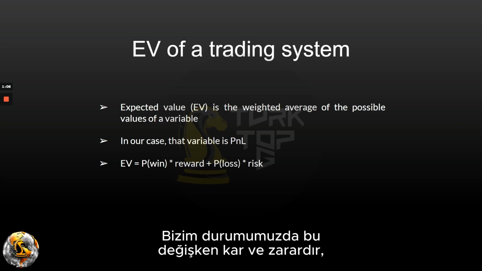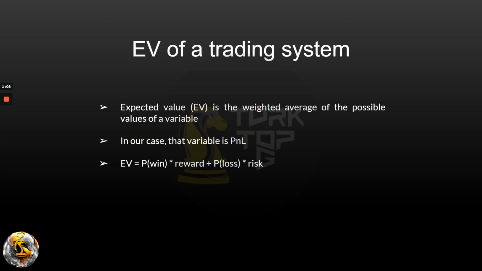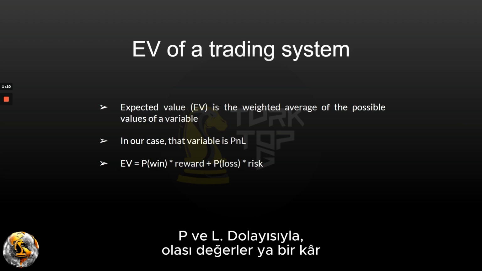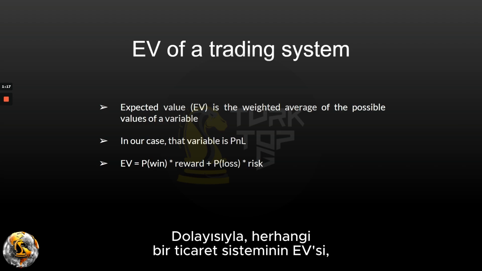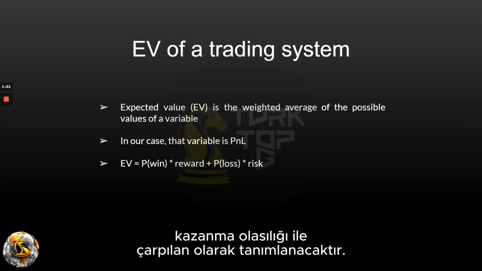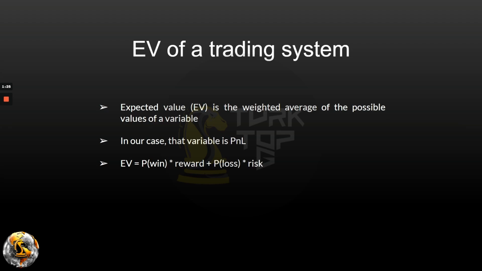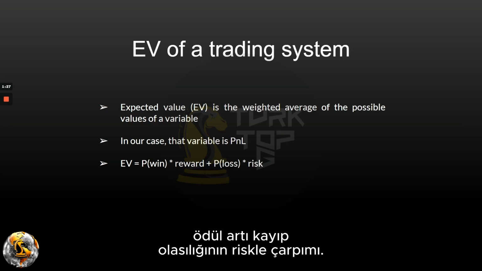In our case, that variable is profit and loss, P&L. So the possible values will be either a reward, which is a profit, or the risk, which is a loss. So the EV of any trading system will be defined as probability of a win multiplied by the reward plus probability of a loss multiplied by the risk.